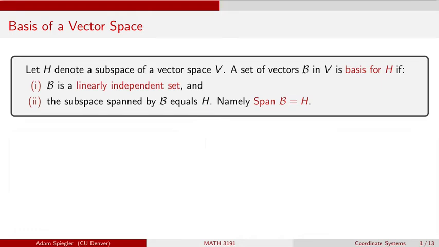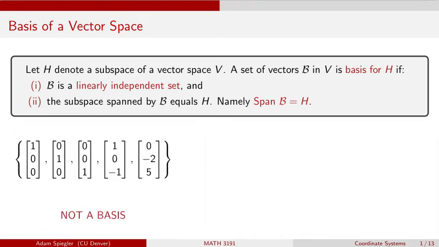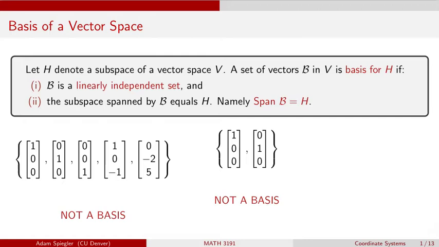With an example in R3, this set of 5 column vectors would not form a basis for all of R3 because they violate this first property. These vectors are not all linearly independent. If I tried to pick a set of these 2 vectors, though they might form a basis for a subspace of R3, they don't form a basis for all of R3.